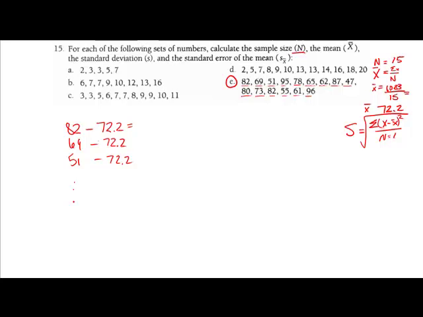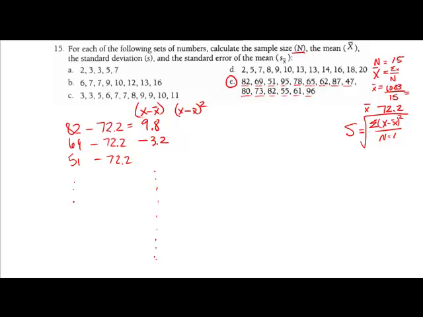So 82 minus 72.2, 9.8. 69 minus 72.2 is a negative 3.2. Alright, so we go down through and we do all that step by step. So that's x minus x bar. The next thing is to square it.